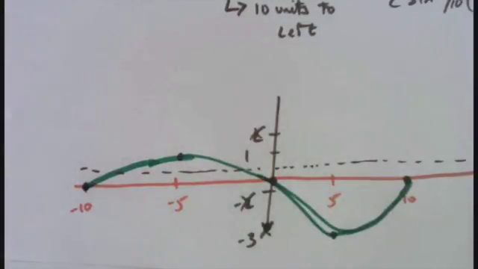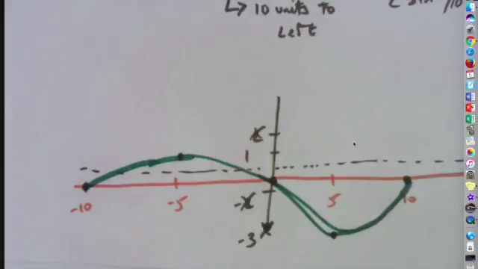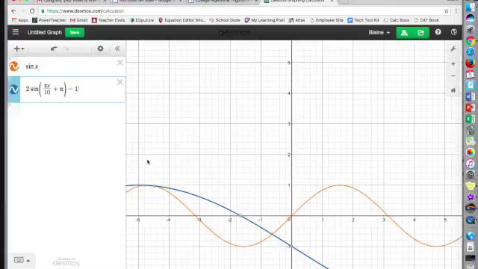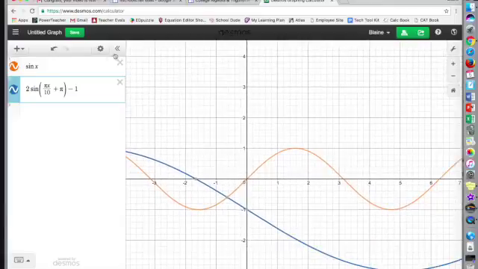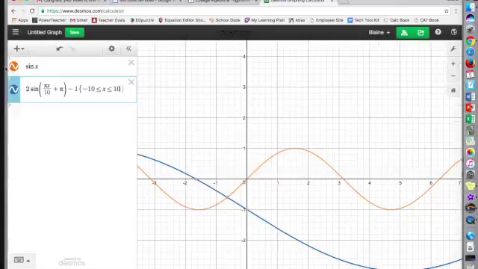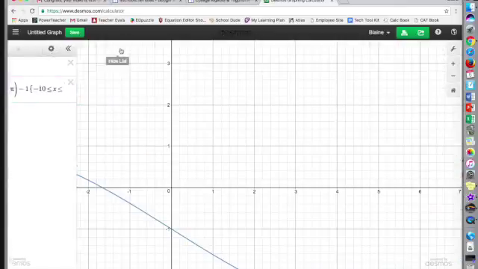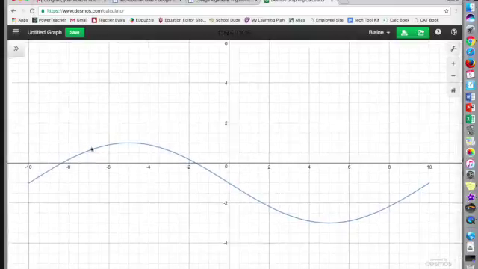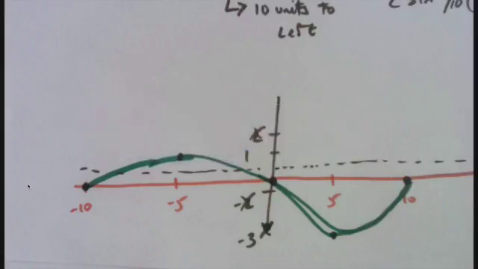Because it was so pitiful, I'm going to go and graph this on Desmos. And notice again how much longer this function is taking to complete one period. Let me deselect the orange now. So from -10 to 10 looks like this. I should have a -10, -1, which is indeed what I have here.